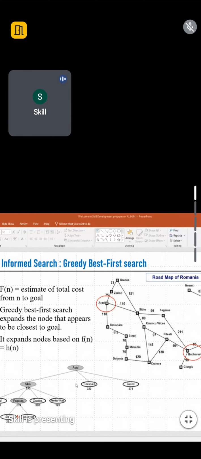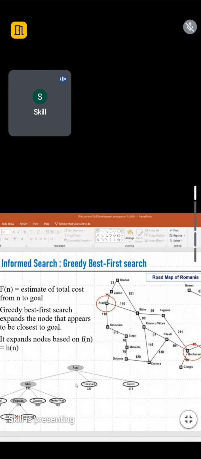So it's already given, 366 for Arad. Fagaras is 178. Oradea is 380. Rimnicu Vilcea is 193. So here we will write all this, and again we will see which is the least value of h(n).